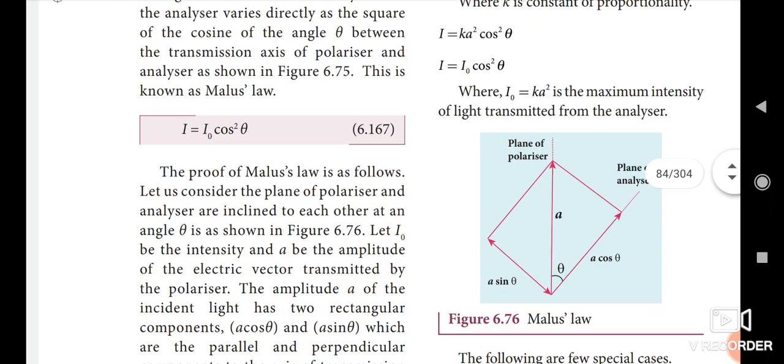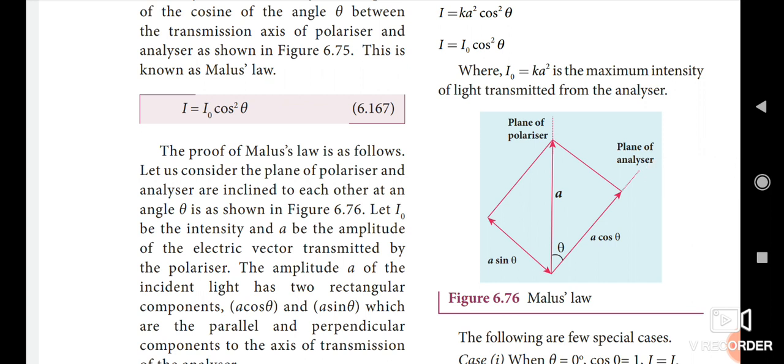Next, we have to prove Malus law. Already I said the amplitude is resolved into two components: A cos theta and A sin theta. We want only A cos theta, the horizontal component. There is no use for the vertical component, so we neglect A sin theta. What is the amplitude of the horizontal component? A cos theta. Intensity is directly proportional to the square of the amplitude, isn't it? Yes.